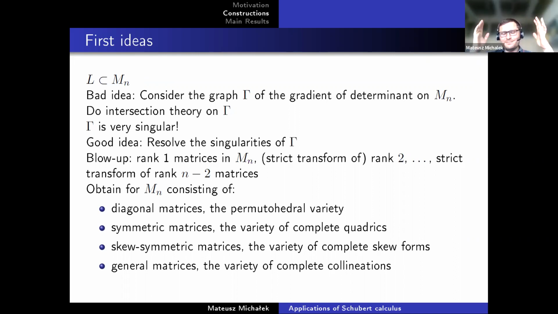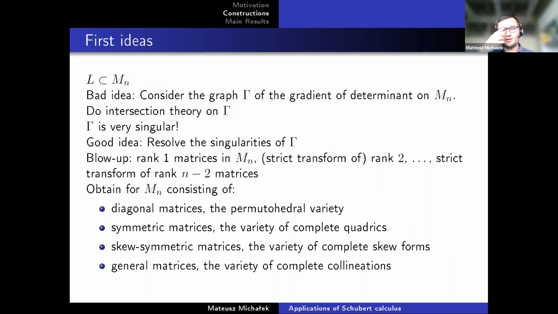You take n by n matrices, and there is a procedure in algebraic geometry to replace some bad set by a big codimension 1 set known as the blow-up. And you consecutively blow up rank 1, rank 2, rank 3, up to rank n-2 matrices. And depending on whether at first you had diagonal, symmetric, skew-symmetric, or general matrices, you get very beautiful varieties.